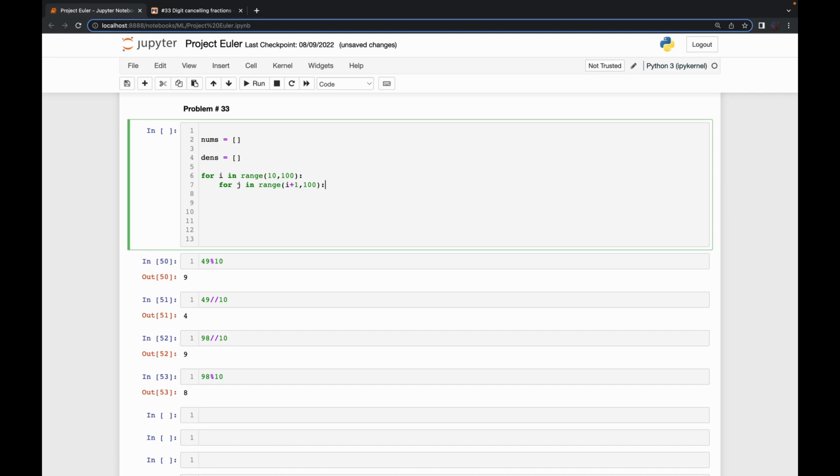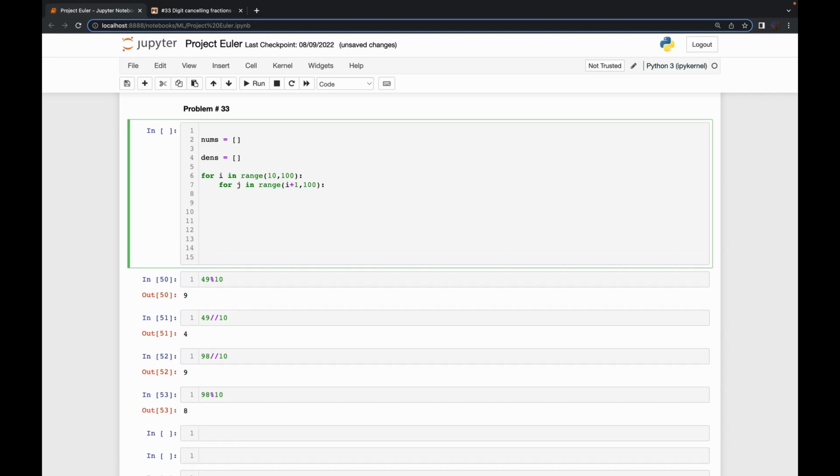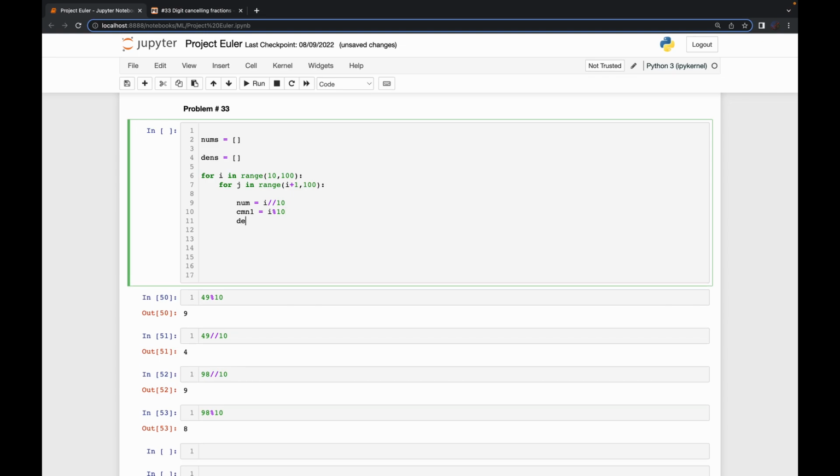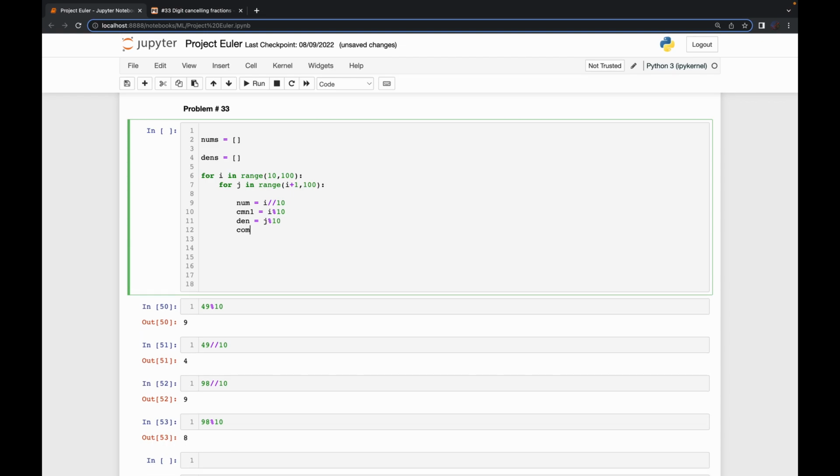Now for the shorter version of the numerator, common one will be i modular division of 10, and common 2 will be i integer division by 10. For the denominator, the first digit matters, so common one will be j integer division by 10 and common 2 will be j modular division by 10.